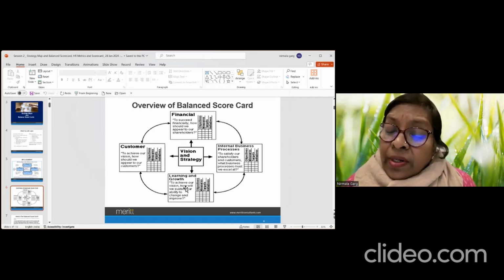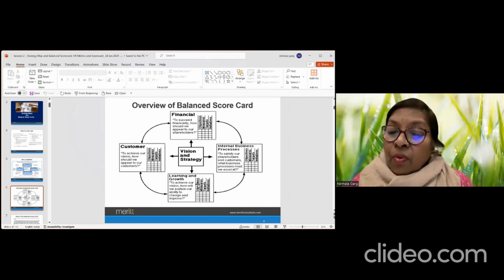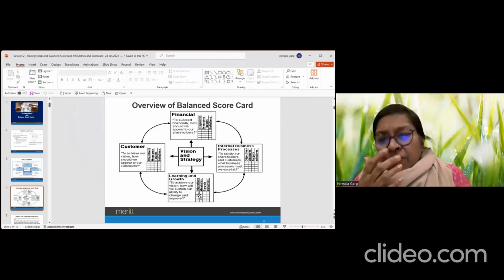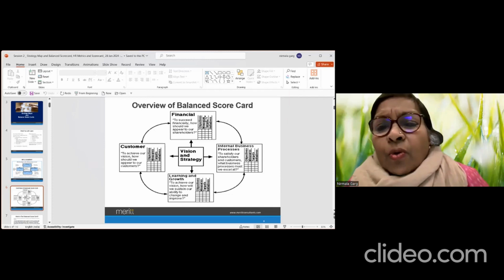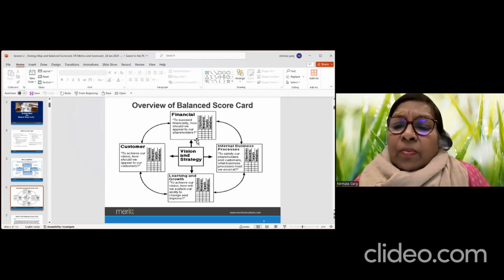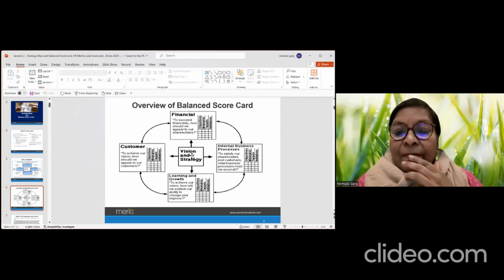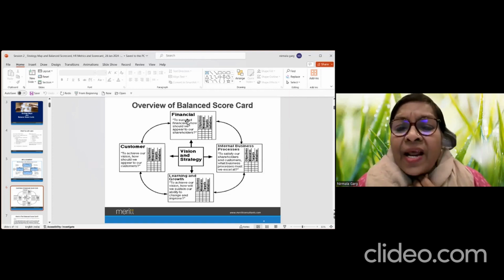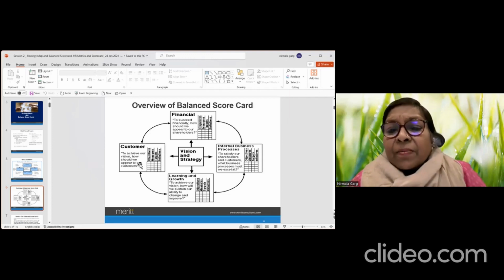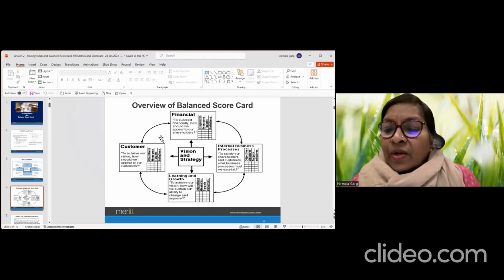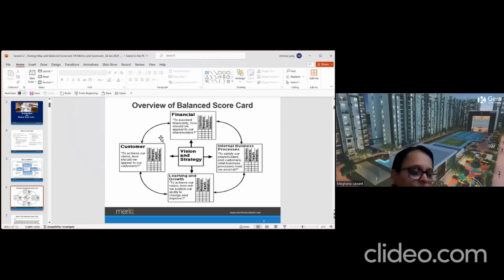Then, when we talk about learning and growth, we are talking about the human capital, the culture, the ability of the organization, information and technology, etc. Now, when we say balanced scorecard, all the four perspectives are balanced. Balancing in the sense, financial and customer perspectives are called lag indicators.